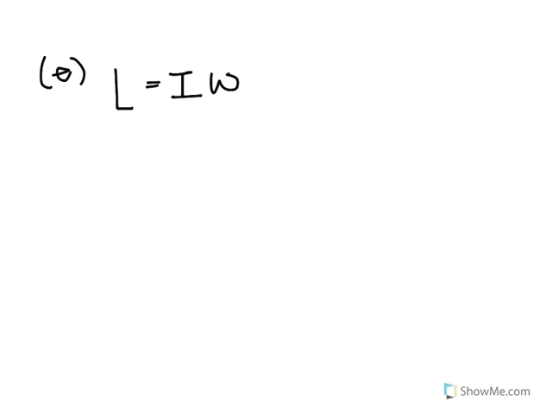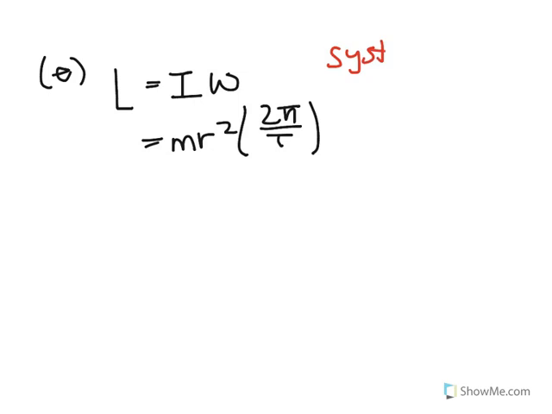We know what I is: I is equal to m r squared, and the angular velocity is equal to 2 pi over T. They want us to find the angular momentum of the system, and the system has 2 stars, so we need to account for both.